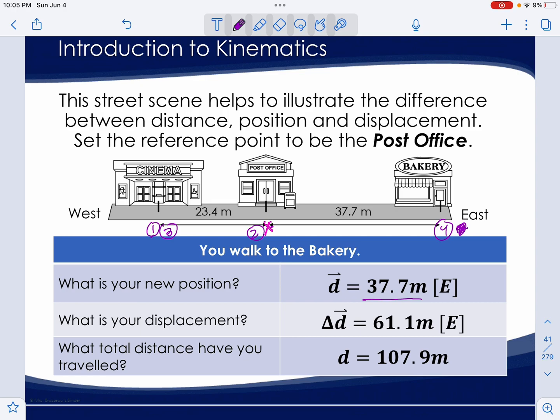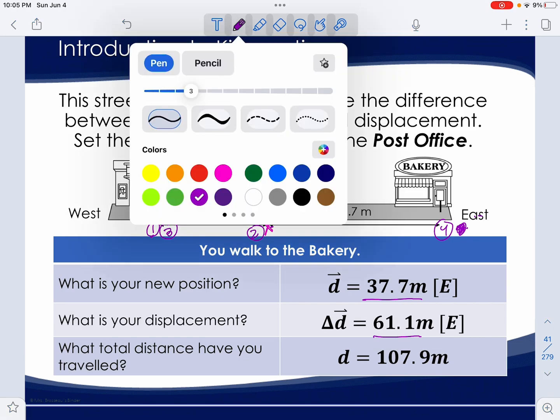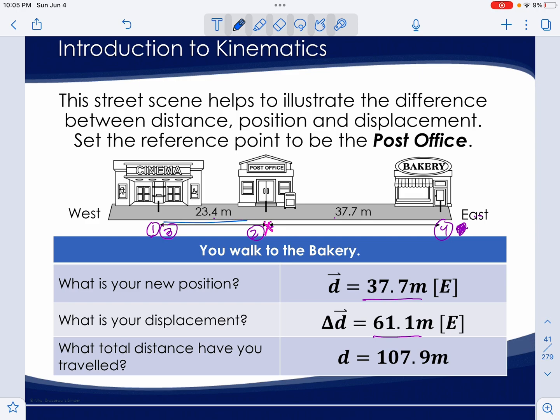So your displacement is 23.4 plus 37.7, so that would be 61.1 meters, and you're ending up east of where you started. And what is the total distance you have traveled? So for that, let's pick a different color here. We have 23.4, and then 23.4 again, and then 23.4 again, and then 37.7, which gives us 107.9 meters.